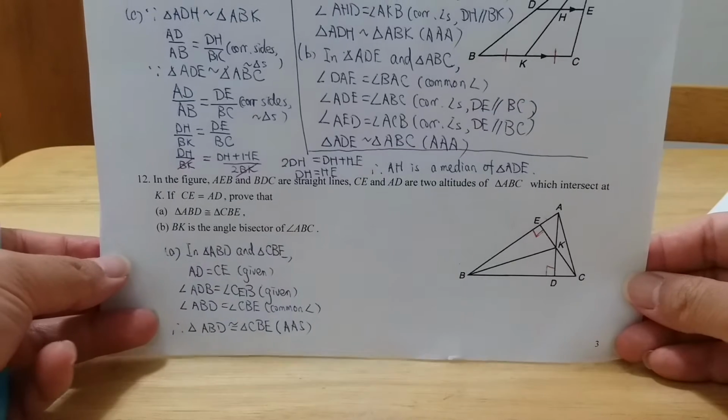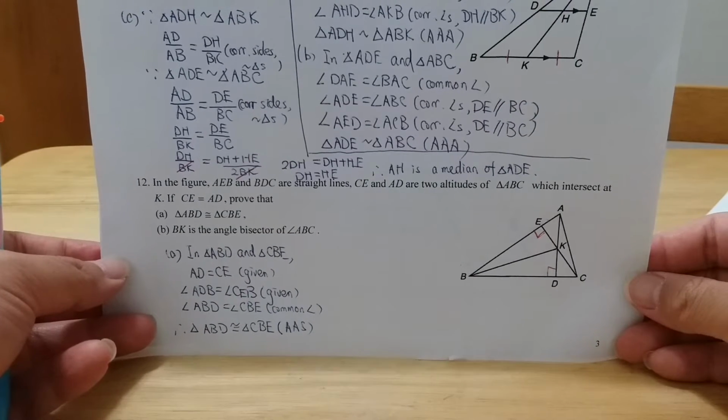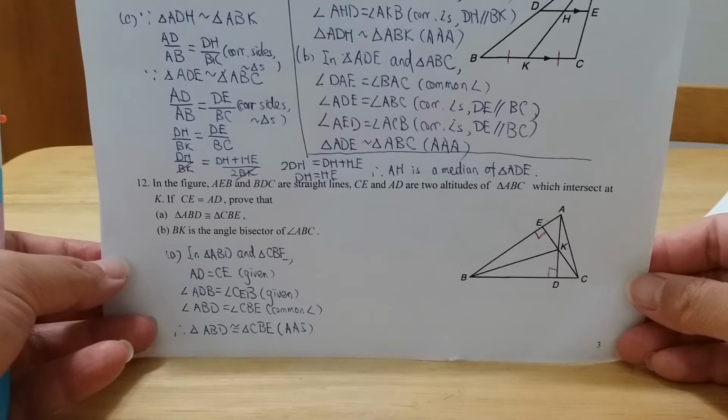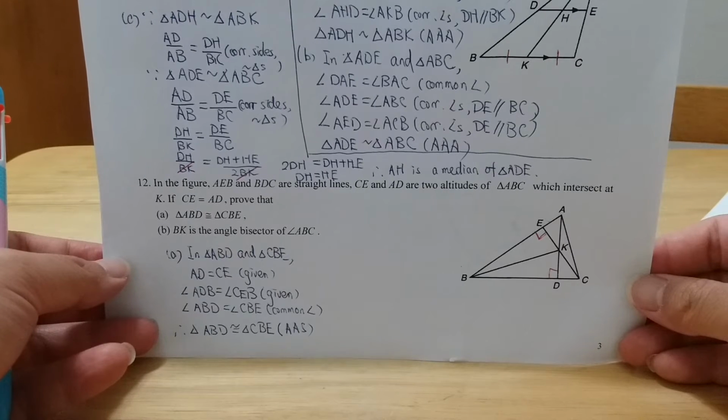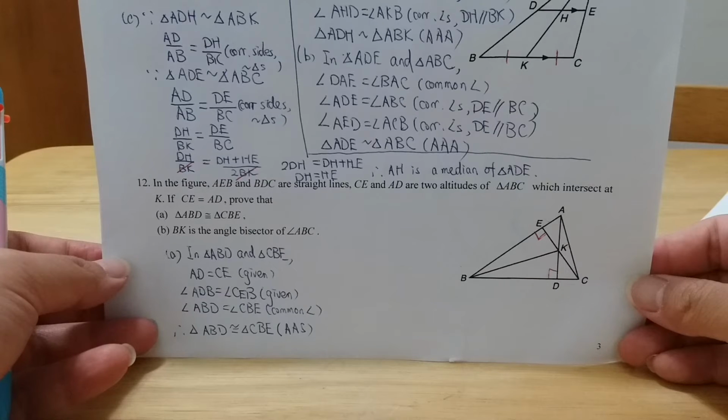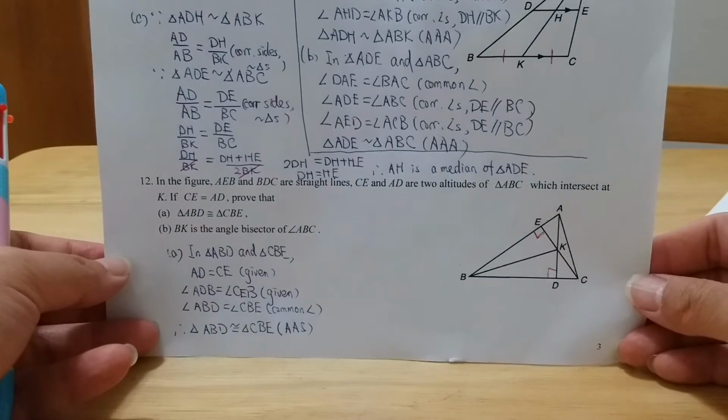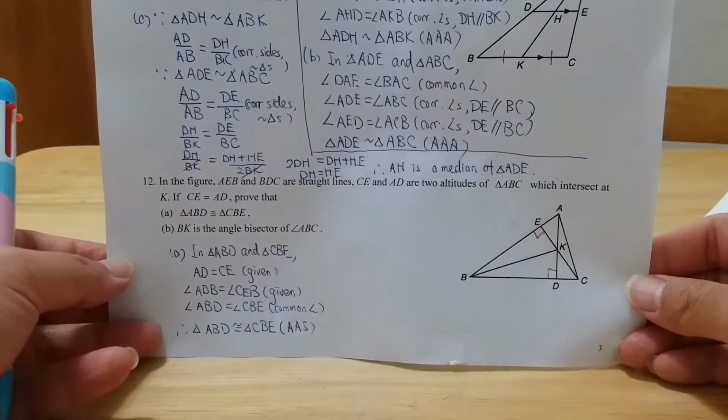Okay, obviously now we are going to do part B. Now for part B, we are going to prove that BK is the angle bisector of angle ABC.